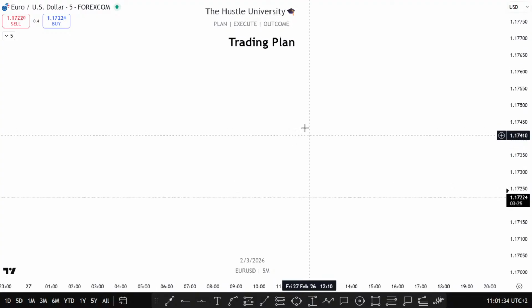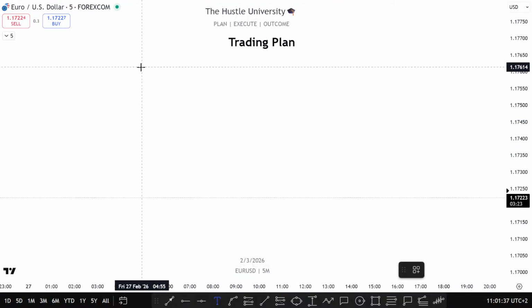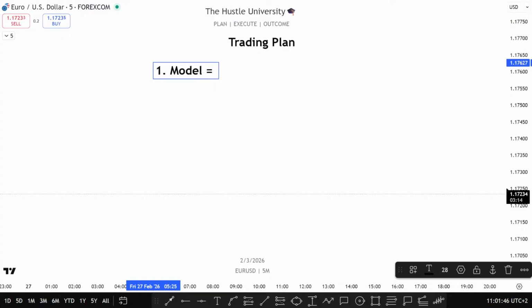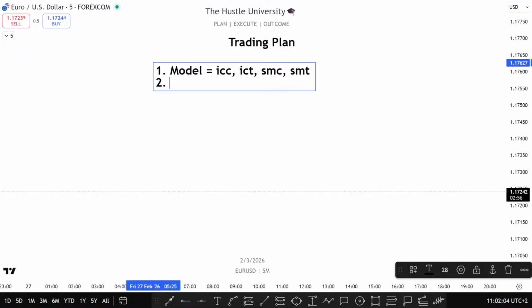I always say your trading plan involves these three things. Firstly, you need a model. The model can be either ICC, ICT, SMC, SMT, or whatever the case may be. Number two, you need entry criteria.